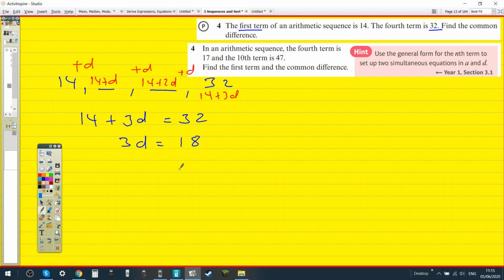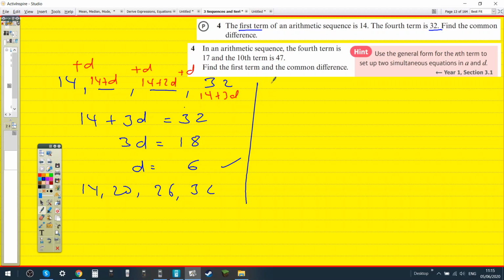So it's 18 divided by 3, which is 6. The missing terms would be 20 and 26, but they just wanted the common difference. It seemed like it might be 4 because it's the fourth term, but there are 3 jumps.